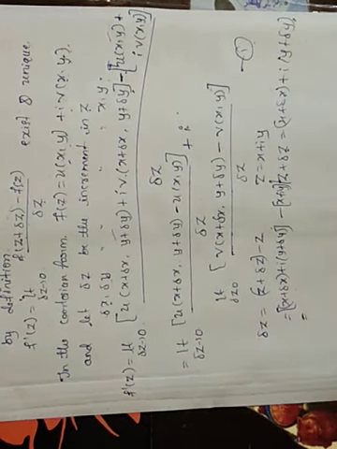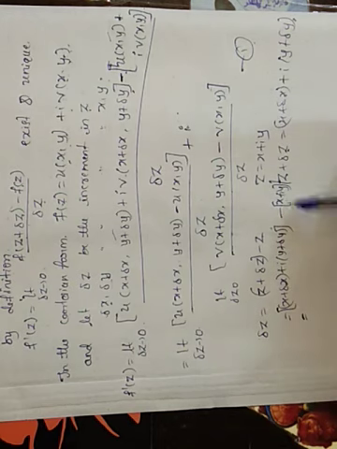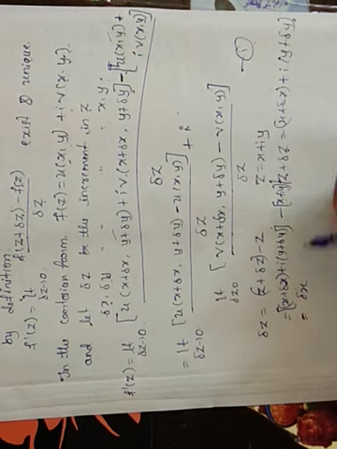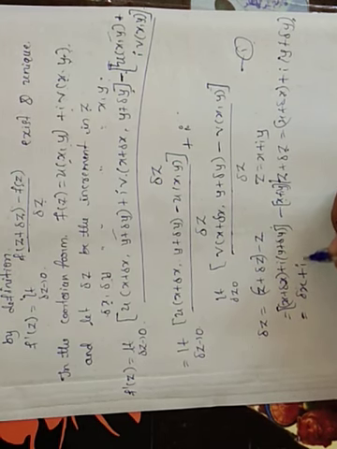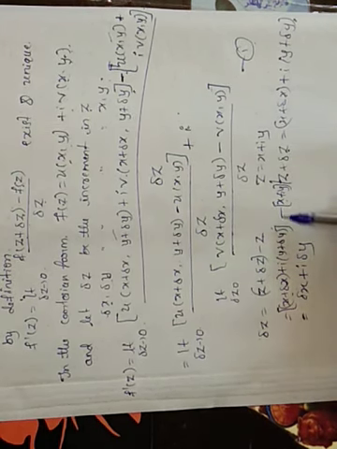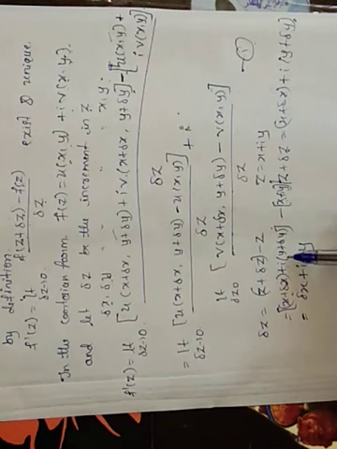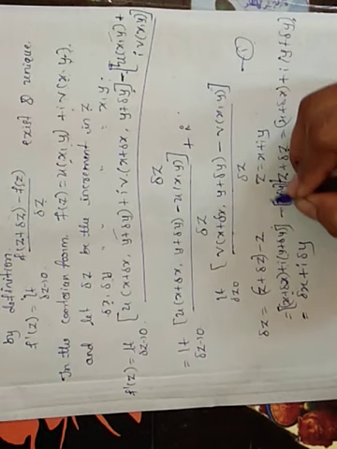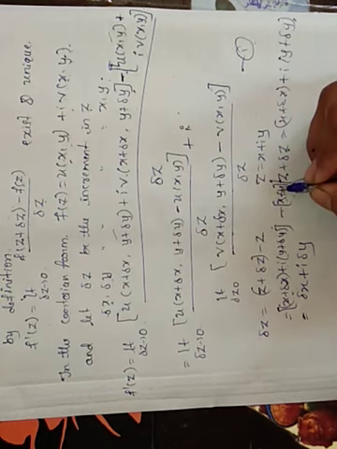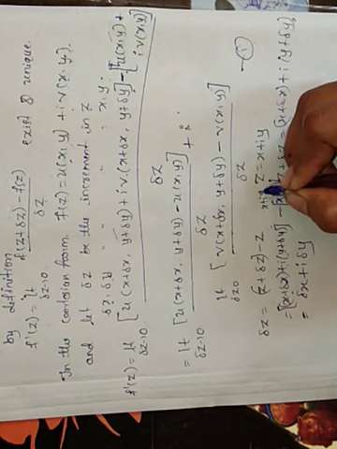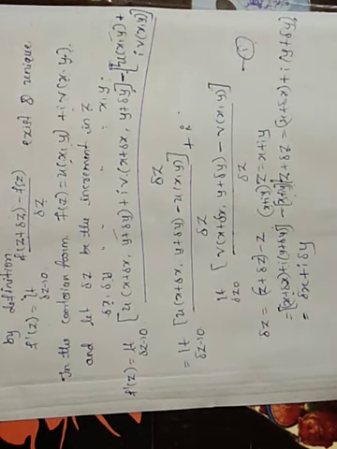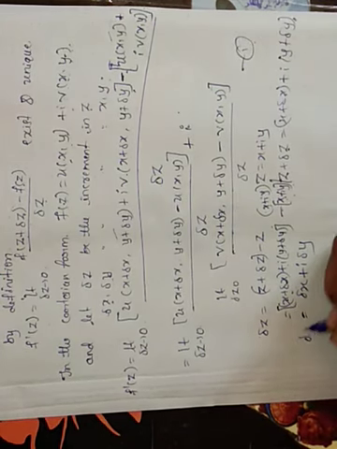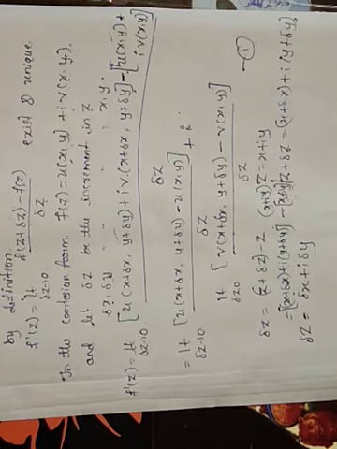Opening the bracket and simplifying, x minus x gets cancelled, and iy minus iy cancels too, since z equals x plus iy. So we get delta z equal to delta x plus i delta y.